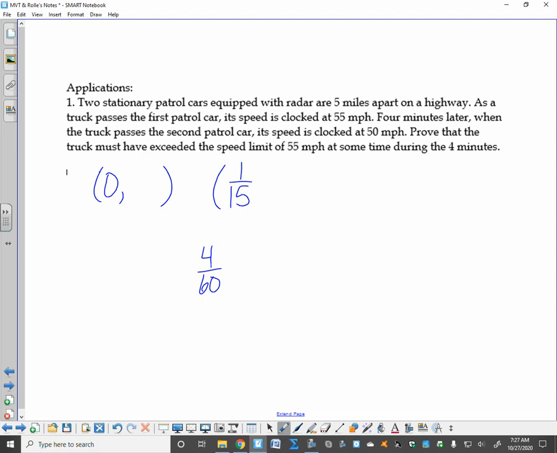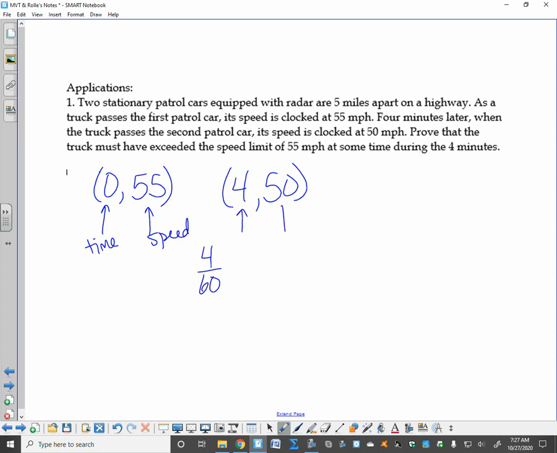All right, so okay, time out. Speed is in miles per hour. So I can't do this. I can't do 0 minutes and 4 minutes, but then put 55 miles per hour and 50 miles an hour. So at 0, I know he was going 55 miles per hour. And at 4 minutes, I know he was going 50 miles per hour. So this is time, and this is speed.